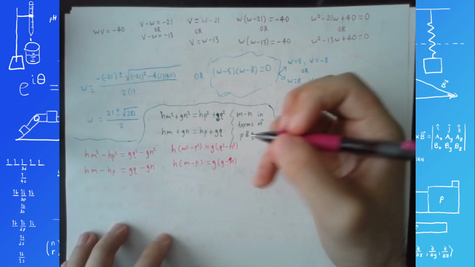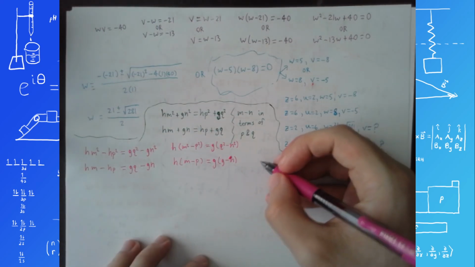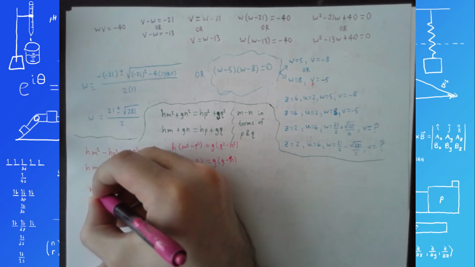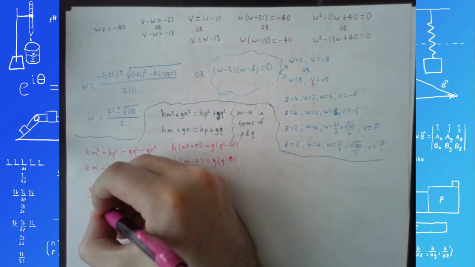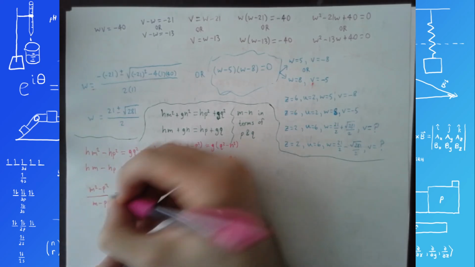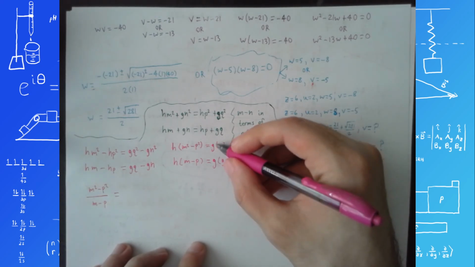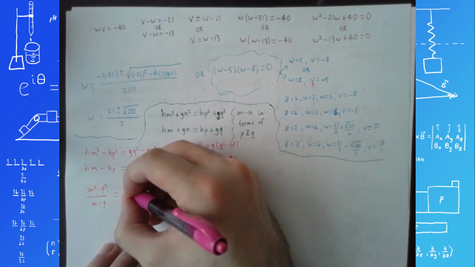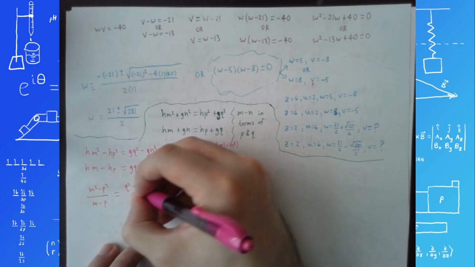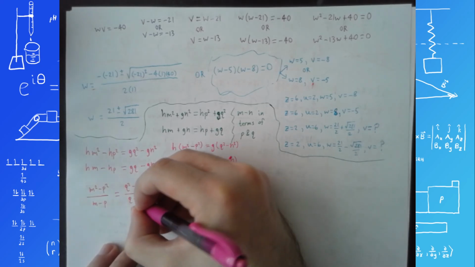Let's go ahead and divide these. H divided by h will just cancel out, and then I'm left with m squared minus p squared over m minus p, which equals, the g's get canceled out here when I divide top by bottom, and I'm left with q squared minus n squared over q minus n.